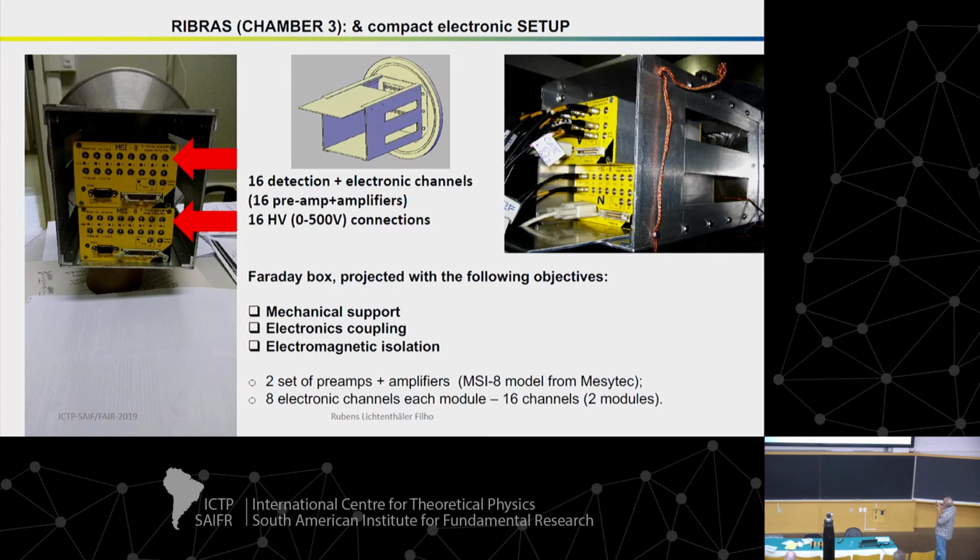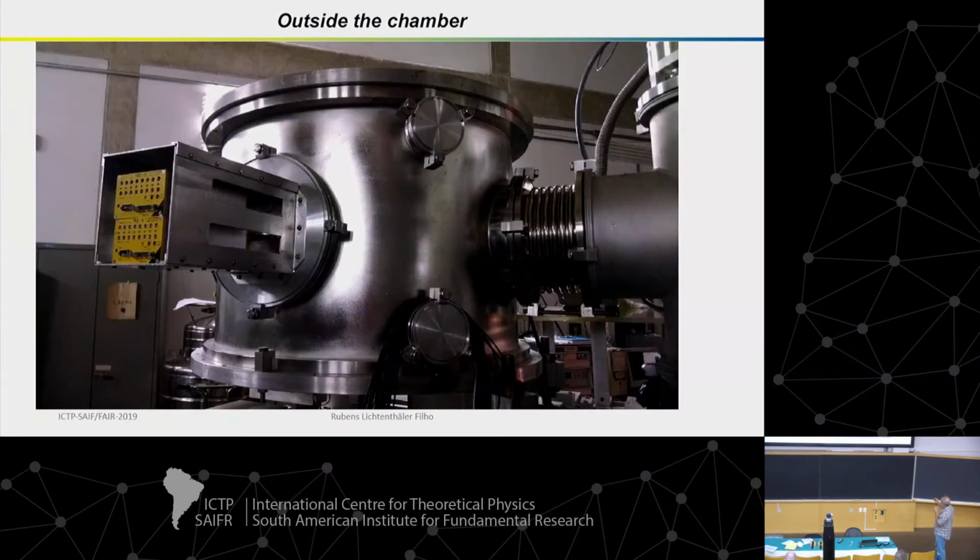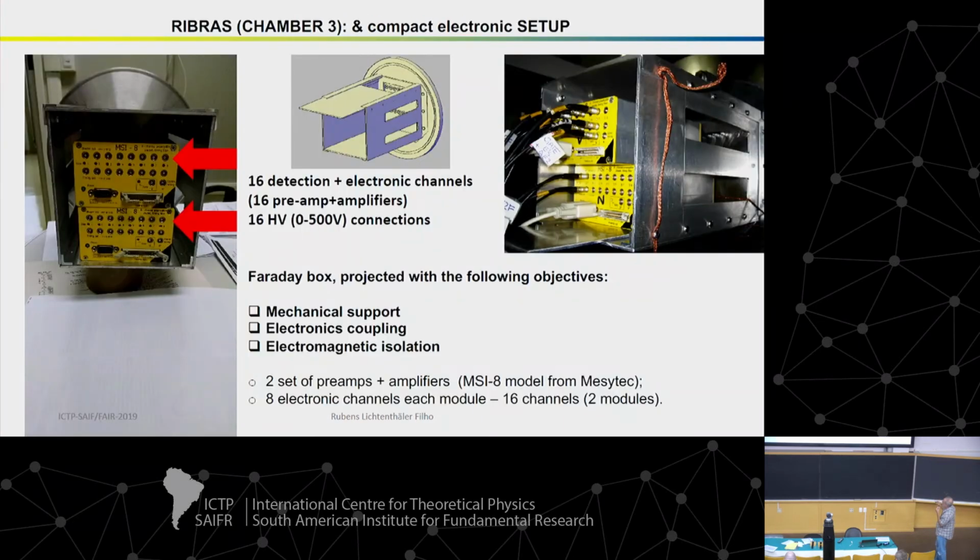This is outside the chamber, the kind of electronics that we use. We use this Mesytec box, which is compact electronics.